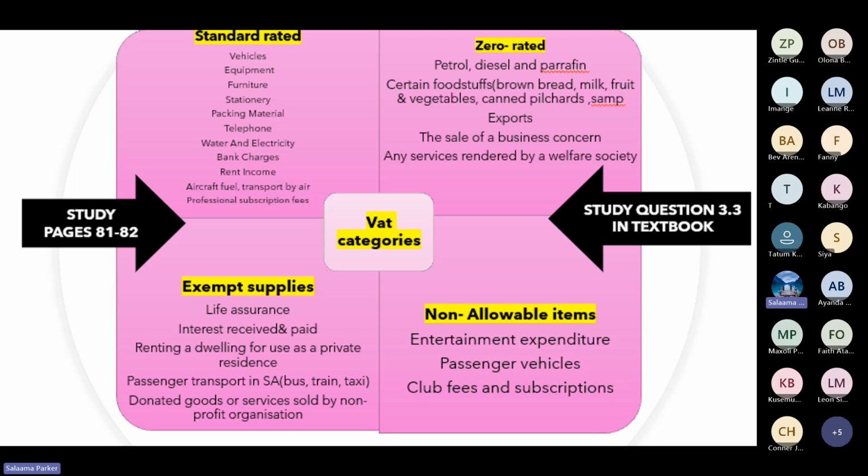Okay, and you've even noticed how important this is for your subsidiary journals, when you have to calculate VAT or not, especially with regard to petrol, diesel, and paraffin. Please remember there is no VAT on that.